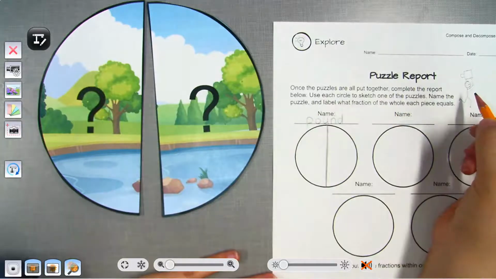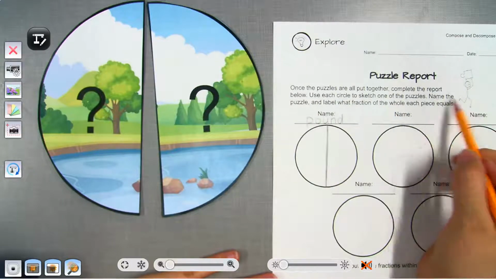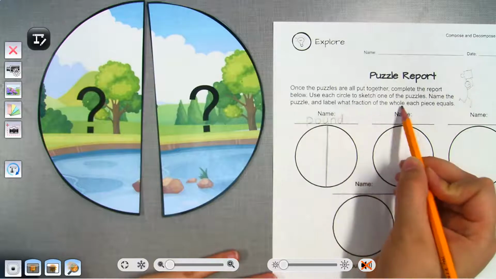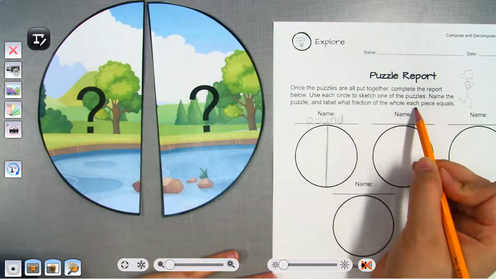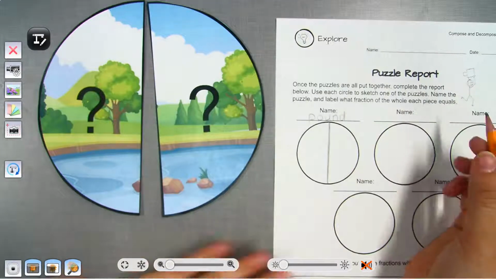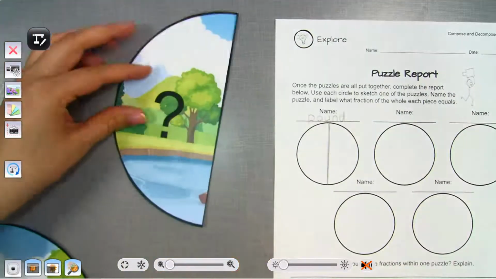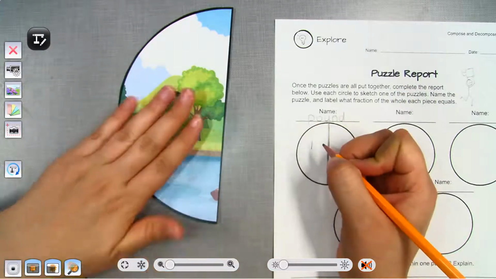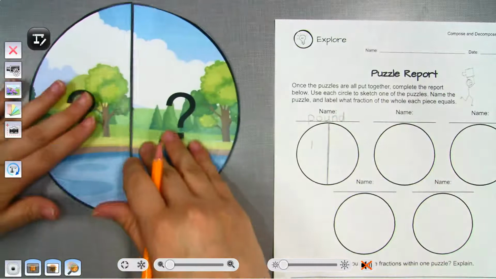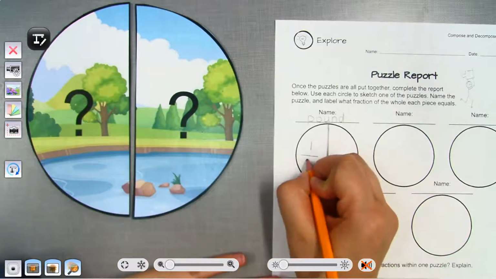Now it says name the puzzle and label the fraction of the whole. Name what fraction of the whole each piece equals. So this piece would be what? 1/2, because I have 1 part of 2, so 1/2.